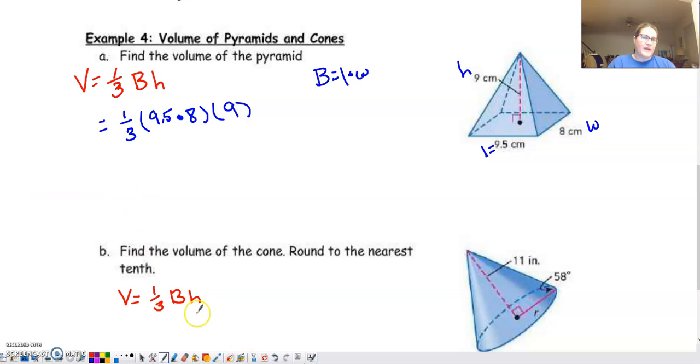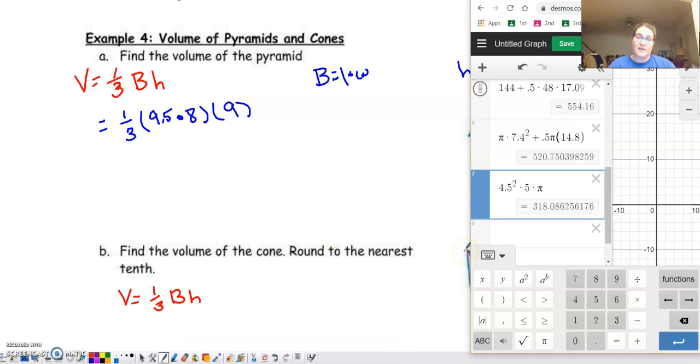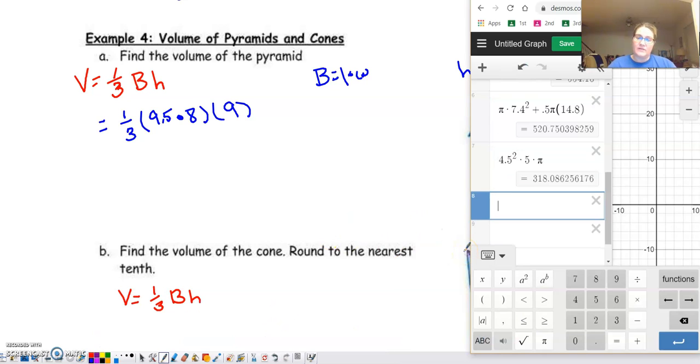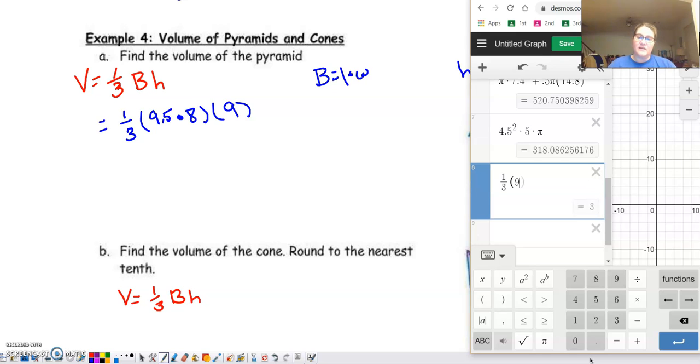Then I can put all that together in the calculator just to make life easy because we are using decimals and rounding here. So I've got 1/3. I'm going to scooch over outside of my fraction and put my parentheses in. 9.5 times 8, that was the area of my base, times 9, the height of my pyramid.